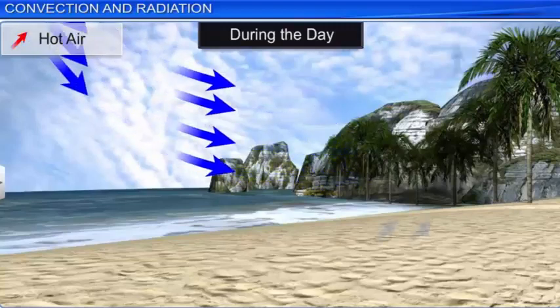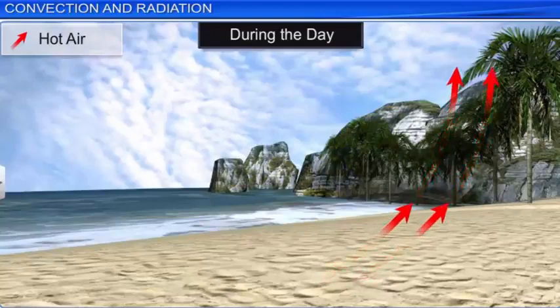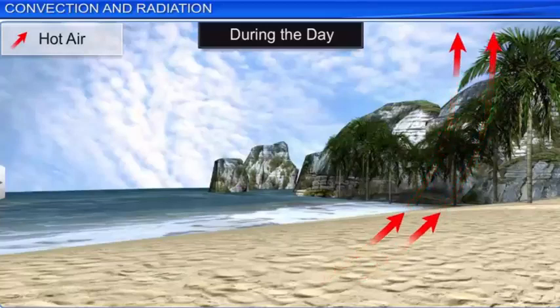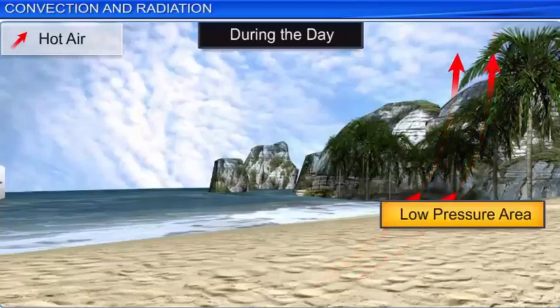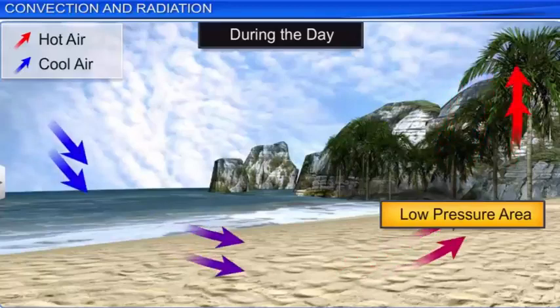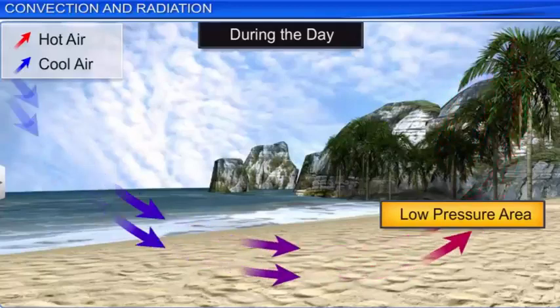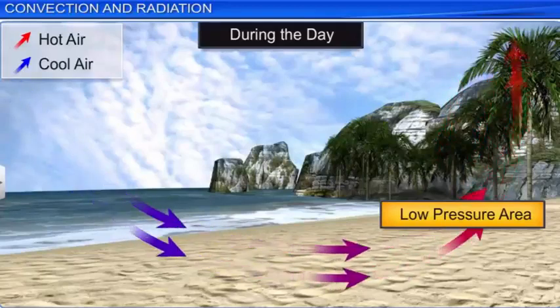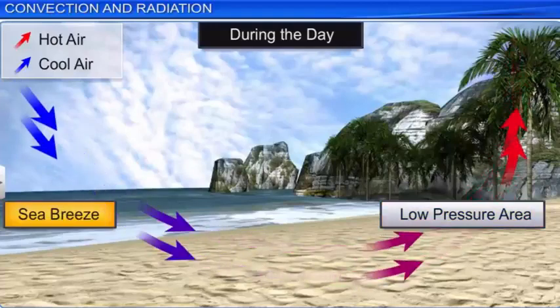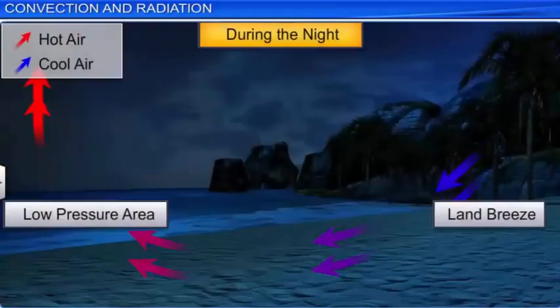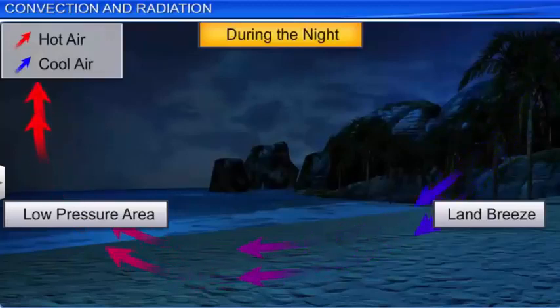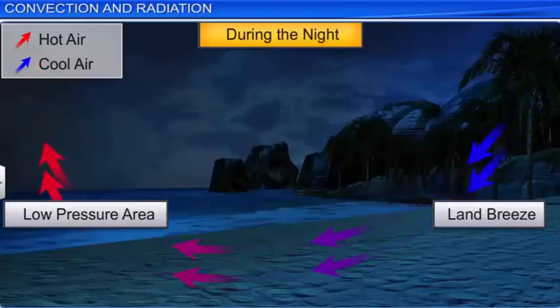As a result, the air above the land becomes hotter and moves up, creating a low pressure area. Now, the air above the sea water moves towards the land and forms the sea breeze. During the night time, exactly the reverse process takes place. Air moves from the land to the sea. This is known as land breeze.